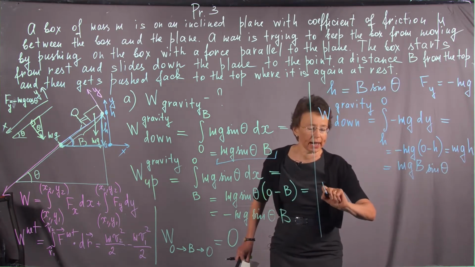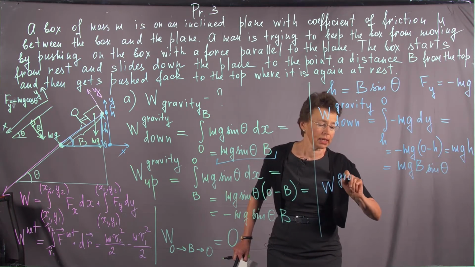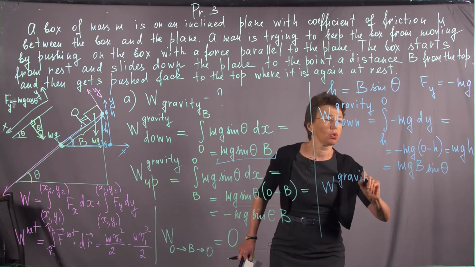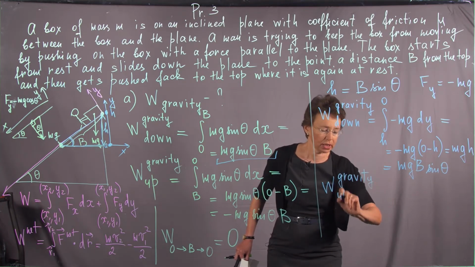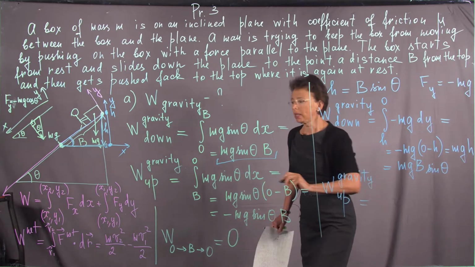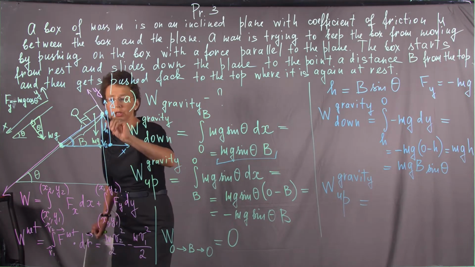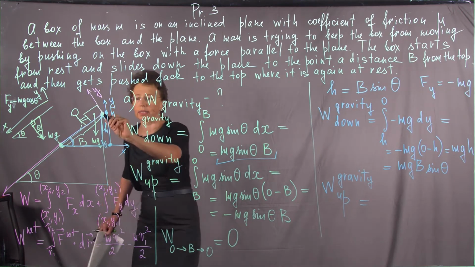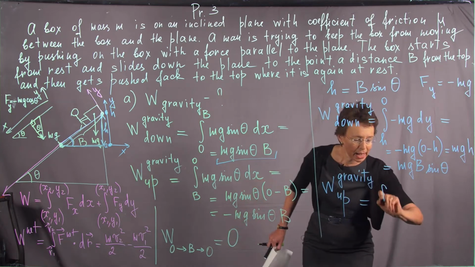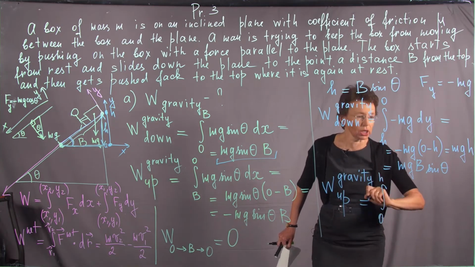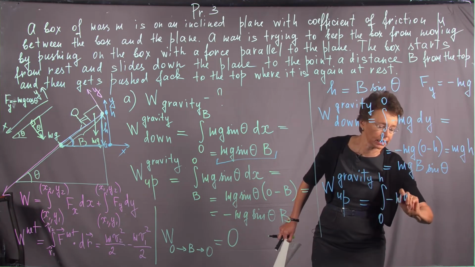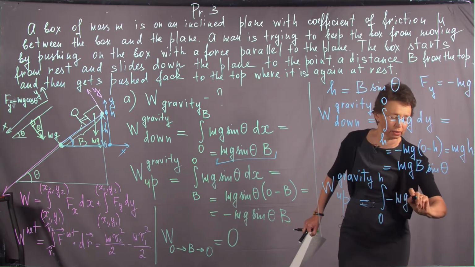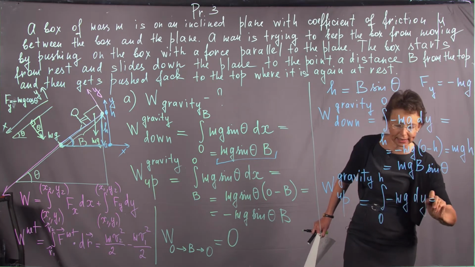Now work done by gravity on the way up. Now I go from this point to this point. I start at 0. I end up at h. Projection of gravity is fy, negative mg dy. I take this integral.